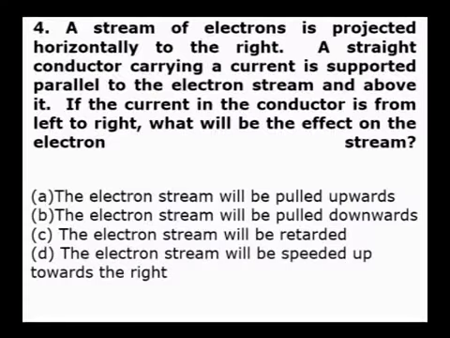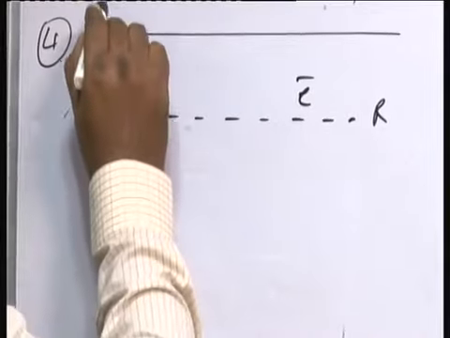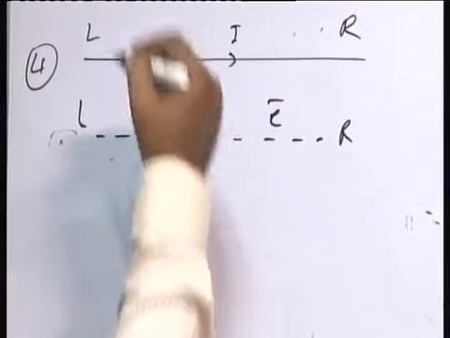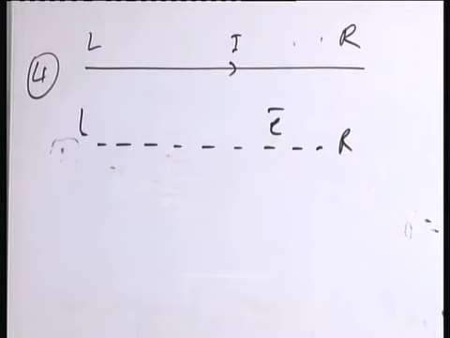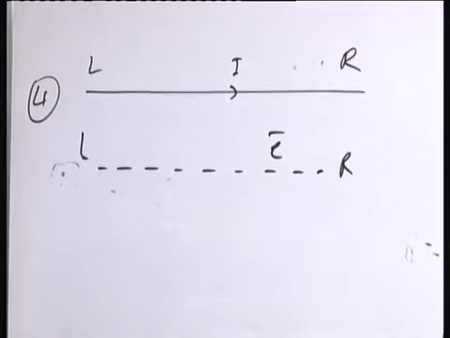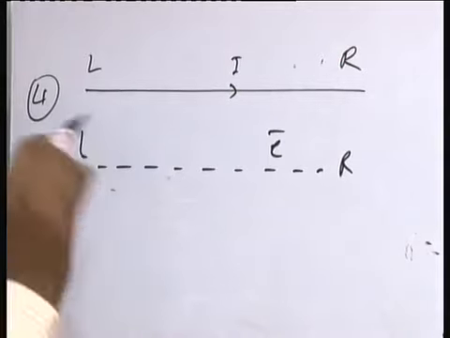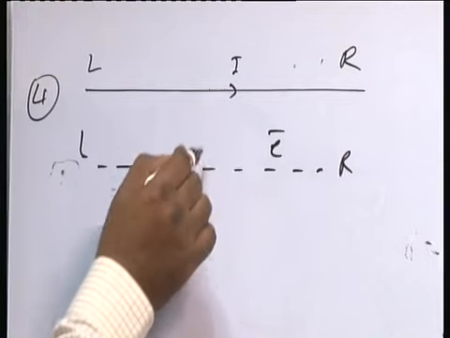The current in the conductor is from left to right. So there is a conductor carrying current from left to right, placed above the electron stream. What will be the effect on the electron stream? You know that these electrons are now moving in an external magnetic field, that is the magnetic field produced by this current at this place.